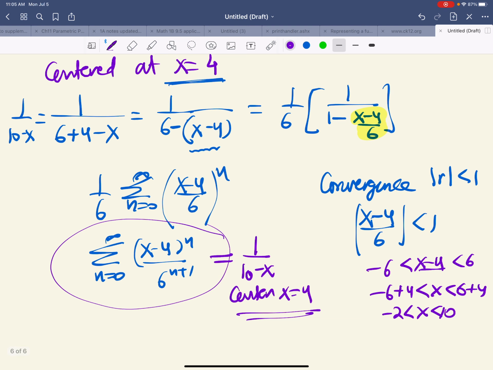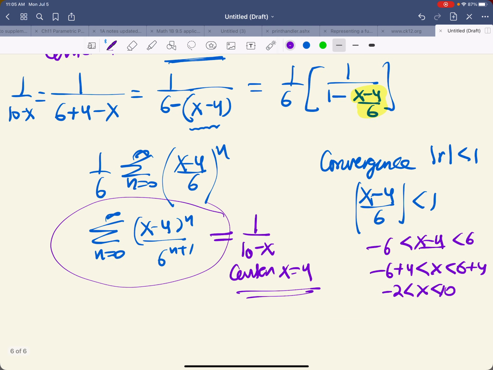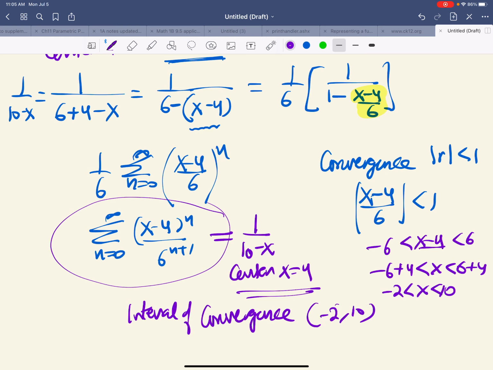So the interval of convergence would be between negative 2 and 10. I'm starting from 4. What's going to be the radius of convergence? Radius of convergence is from 4, I'm going up to 10, and I'm going down to negative 2. Radius of convergence is 6 in this case.